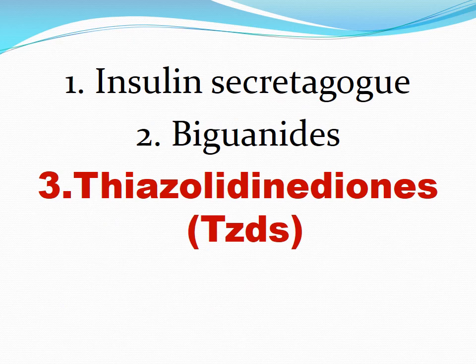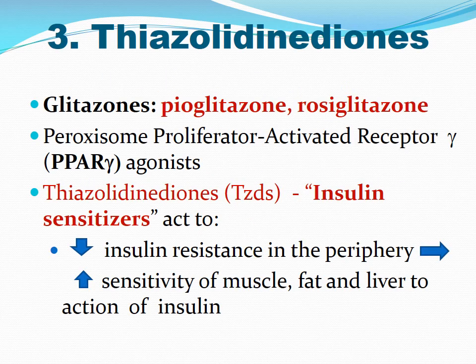Insulin secretagogues are the first group, biguanides the second group, and the third group used for treatment of type 2 diabetes is the thiazolidinediones. Thiazolidinediones, also known as glitazones, include pioglitazone and rosiglitazone.